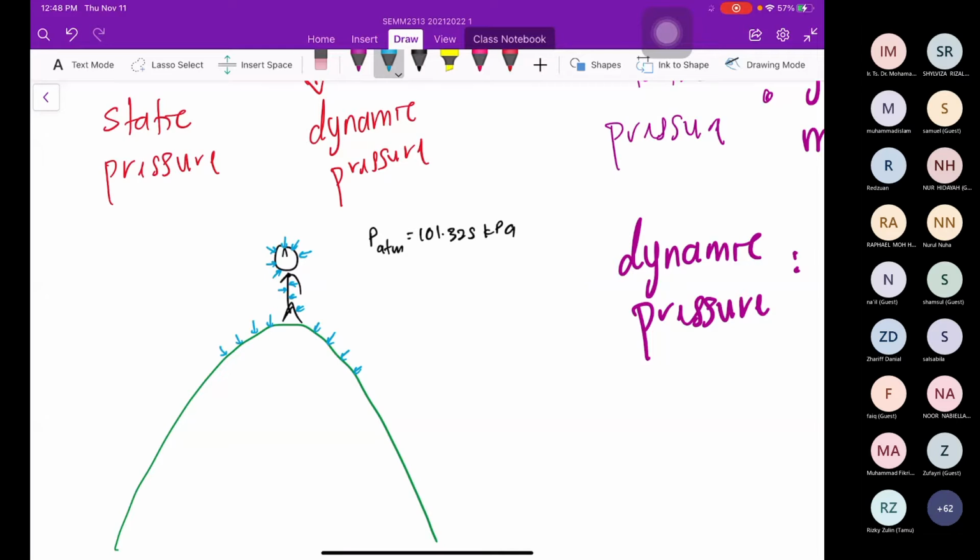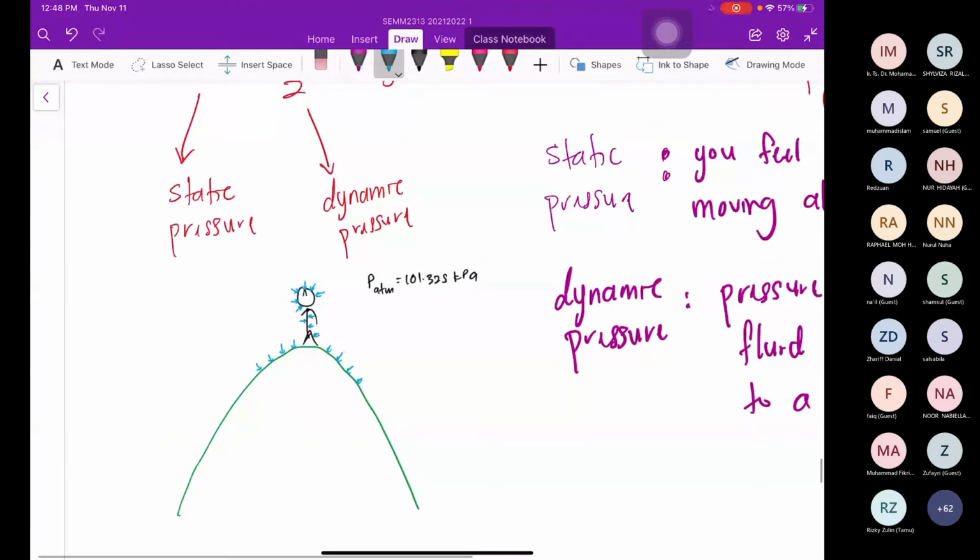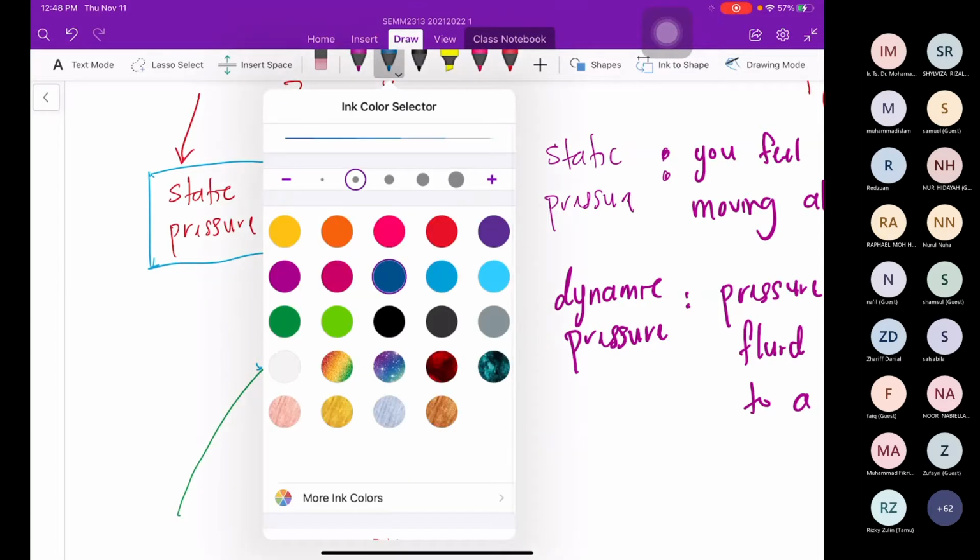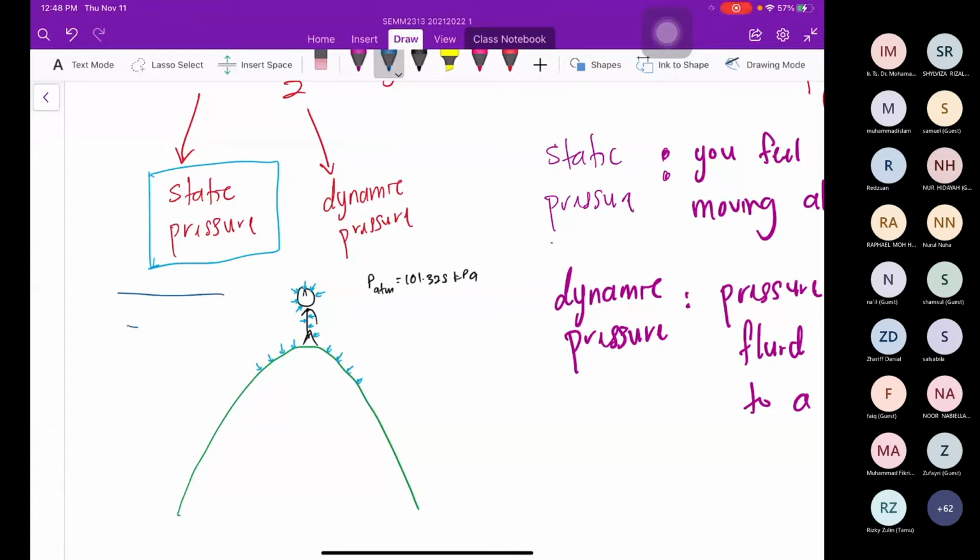This is P atm. That is why we call it static pressure. Static pressure is the pressure that is already there, that exerts on you. However, for the dynamic, if you have flow from here, you have the wind.